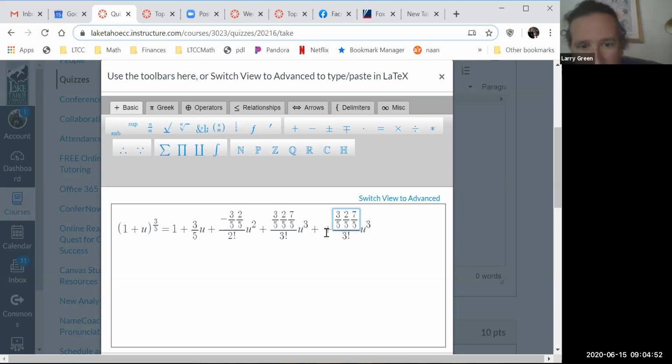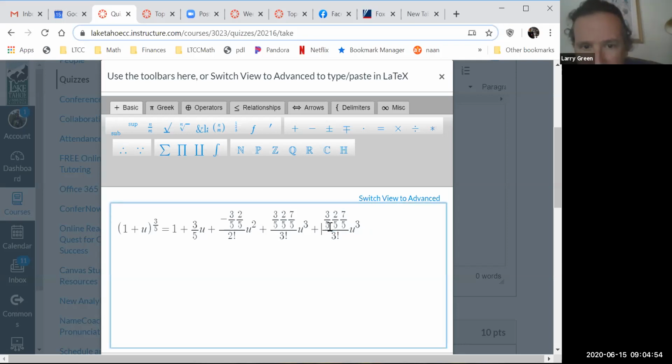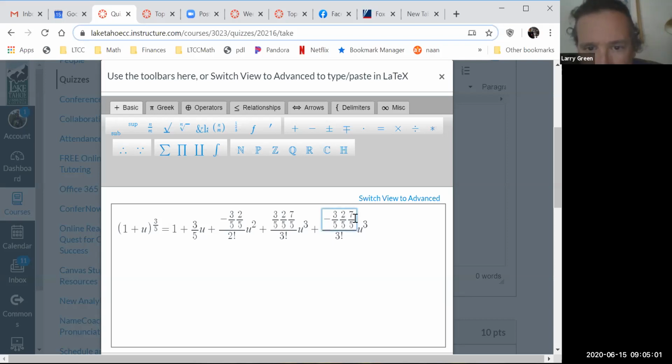I'm going to pull the negative outside. And then the 7, and then we get a -12/5. So we have 12/5.